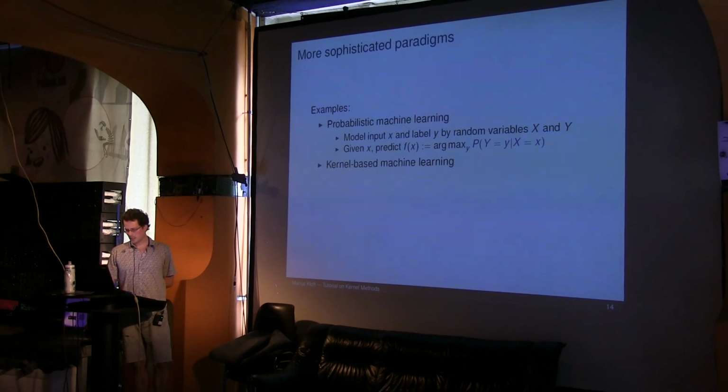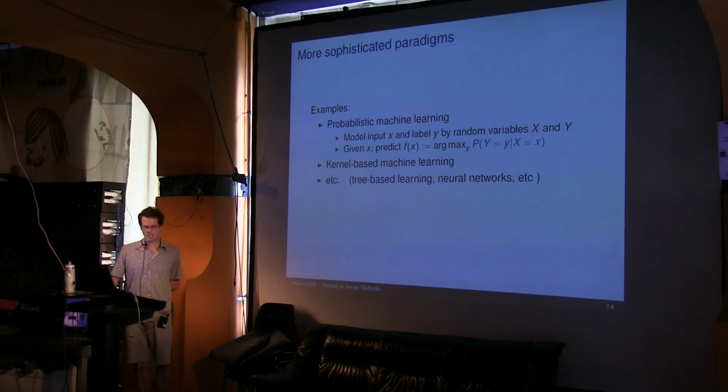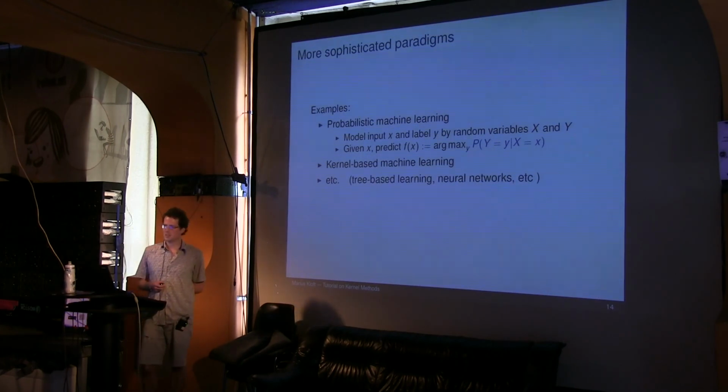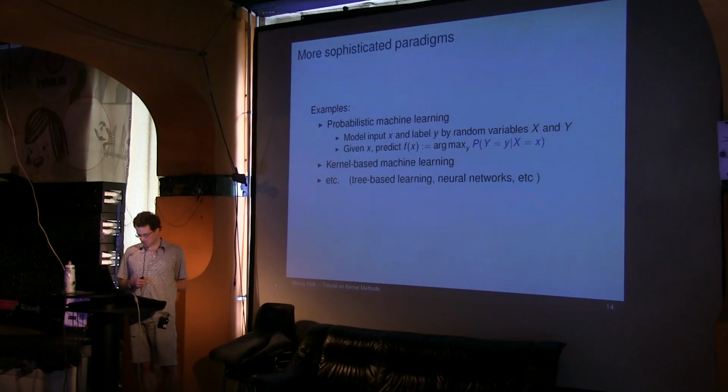Other areas of machine learning include kernel-based learning, which I'm going to talk about more closely now, but there are many more, like tree-based learning and neural networks, and they have their particular advantages and disadvantages. There's not something like the best bunch of methods.